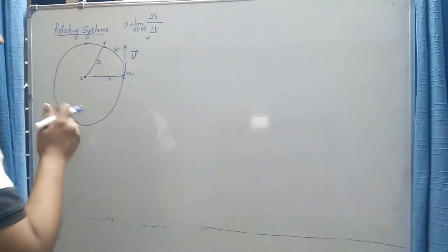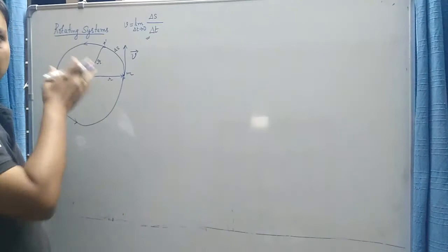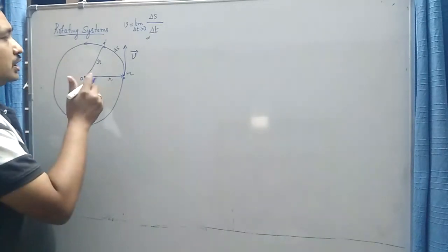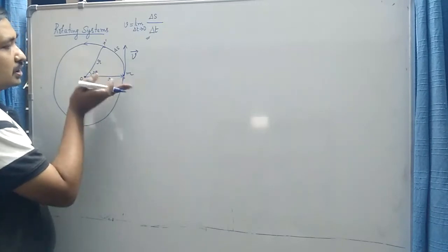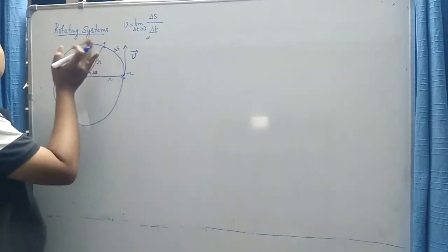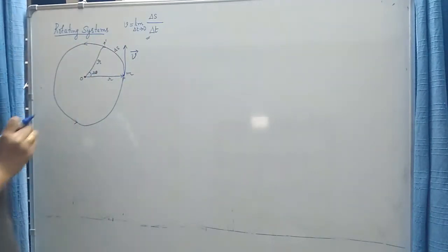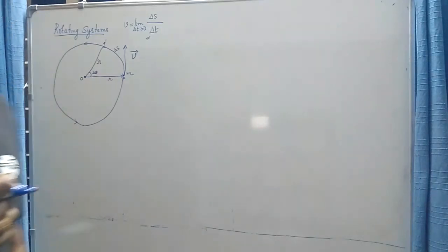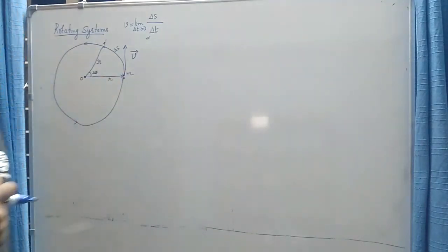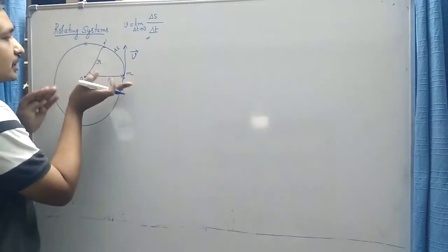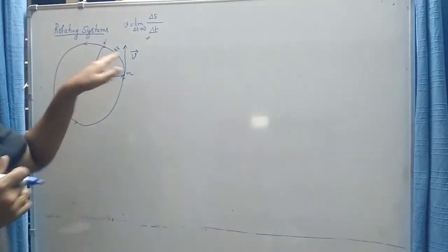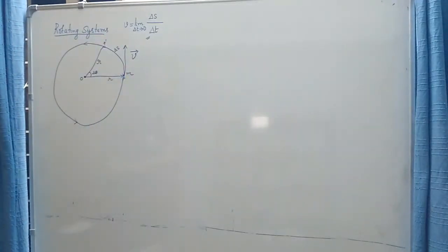For example, one can describe the rotational motion in terms of the angle that is swept when the particle moves from P to P dash, and this angle is a better representation of the rotational motion when compared to the distance traveled. So we can better express the rotational motion in terms of the angle swept instead of the distance traveled.